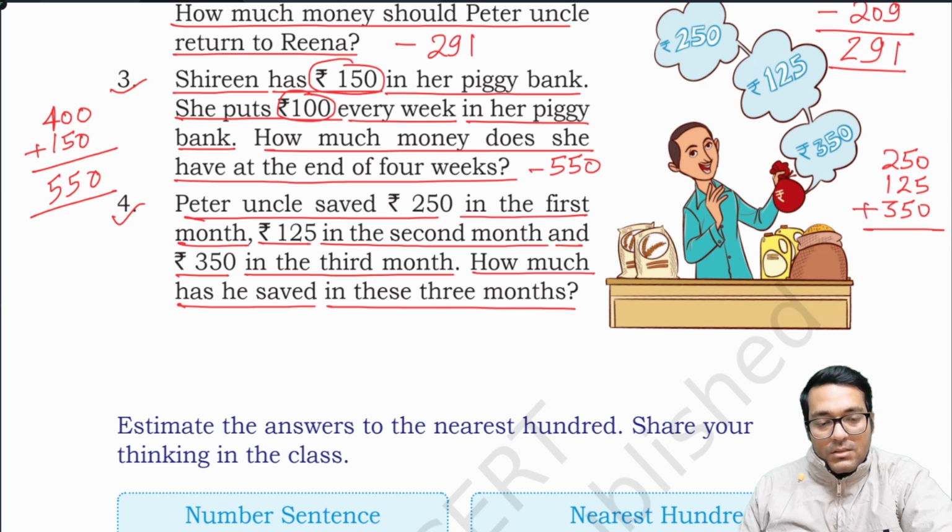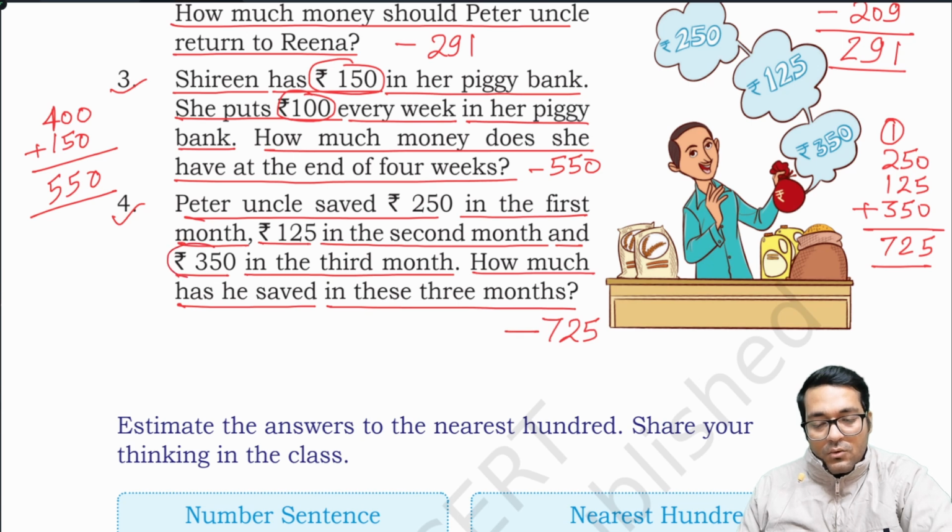Ones added to ones, tens added to tens and hundreds added to hundreds. Here 12, so 1 is written here. 3 and 1, 4 and 3, 7. The answer is 725.